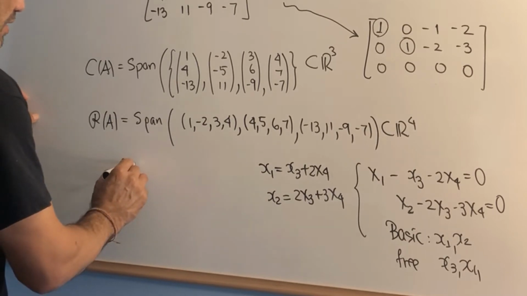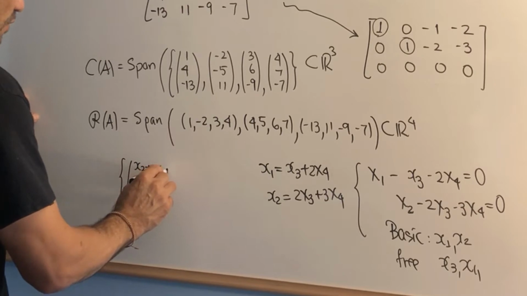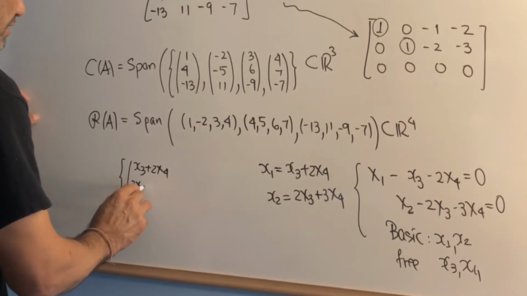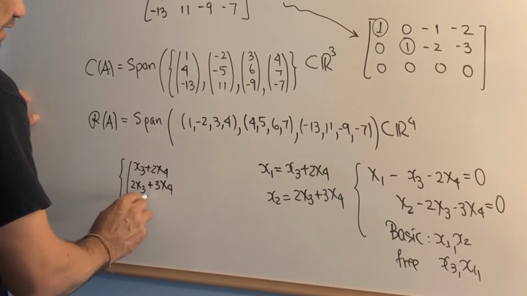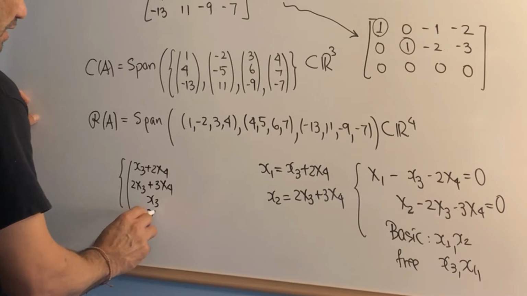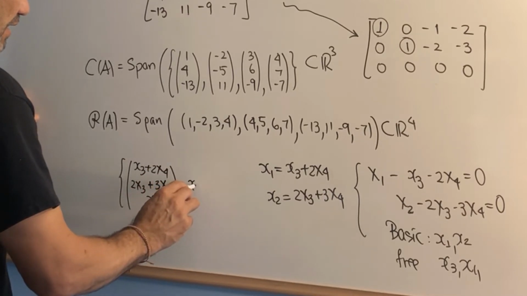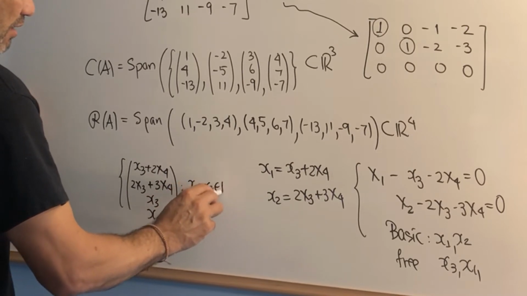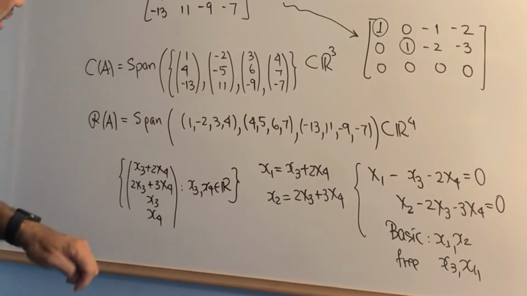Instead of x1, I write x3 plus 2x4. And instead of x2, I write 2x3 plus 3x4. And here x3 is free and x4 is free. Let's suppose that we are working with the real numbers, then they are real numbers.